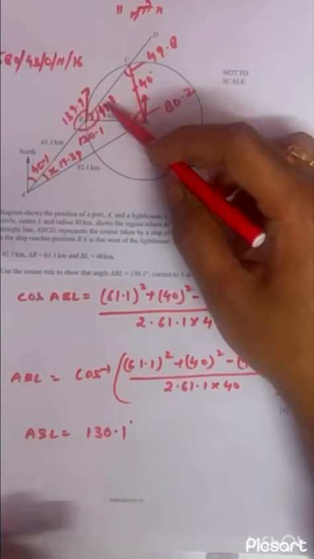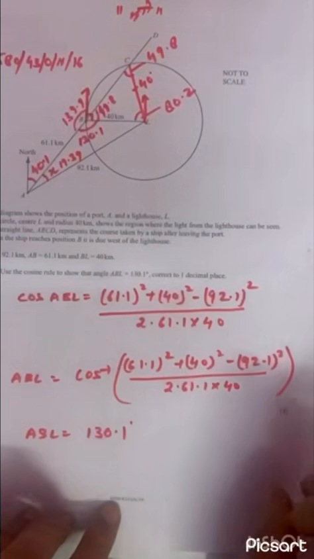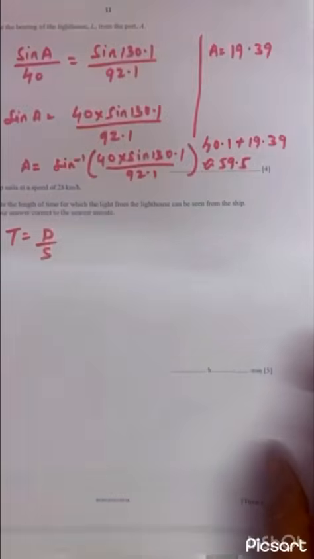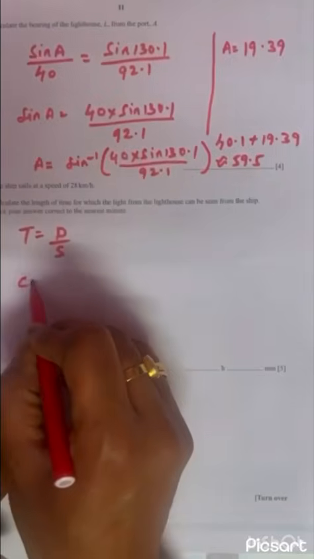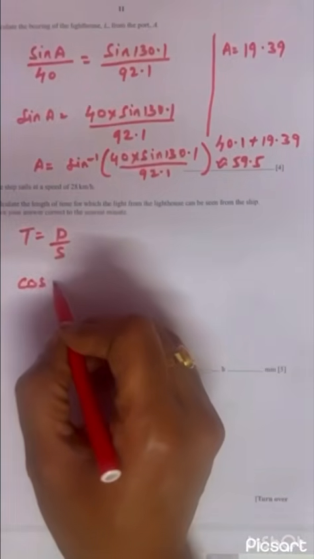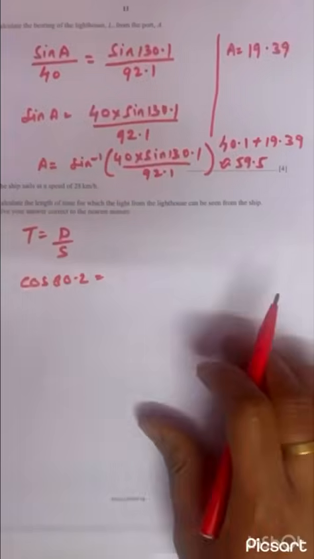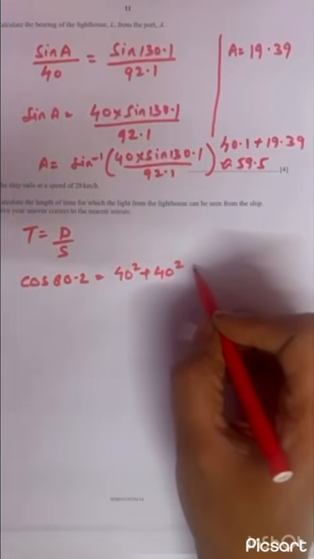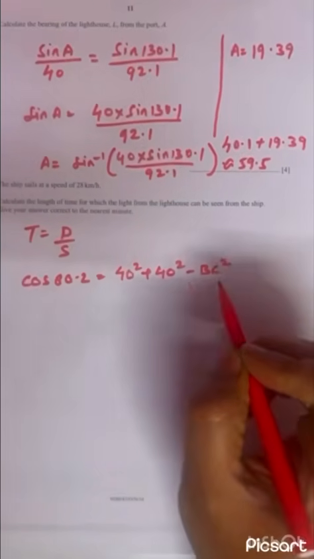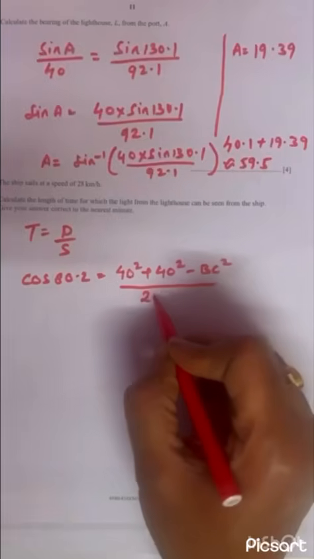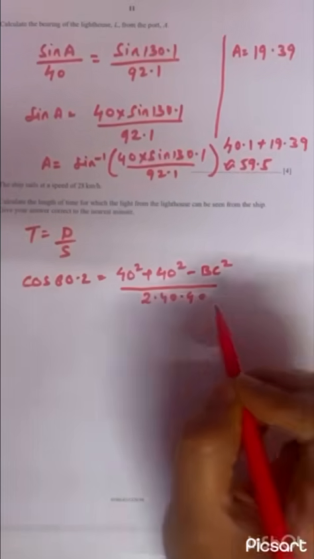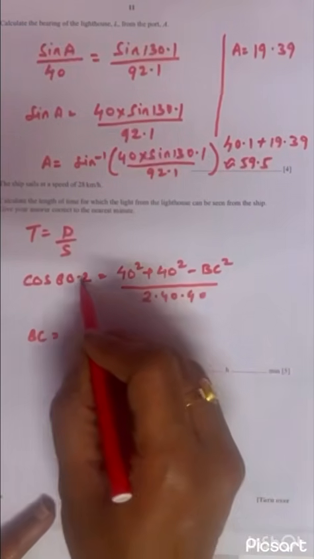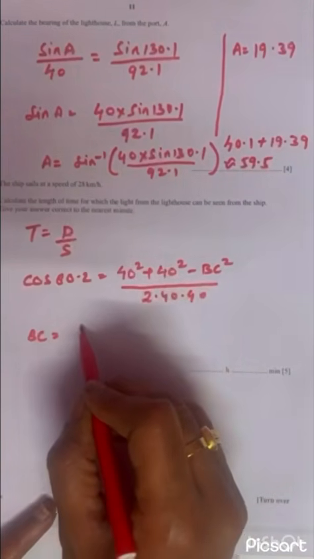To find BC, I can use the cosine rule once again. So cos 80.2 is equal to 40 square plus 40 square minus BC square, divided by 2 times 40 times 40. I will make BC the subject, so this will go here and multiply with cos 80.2.